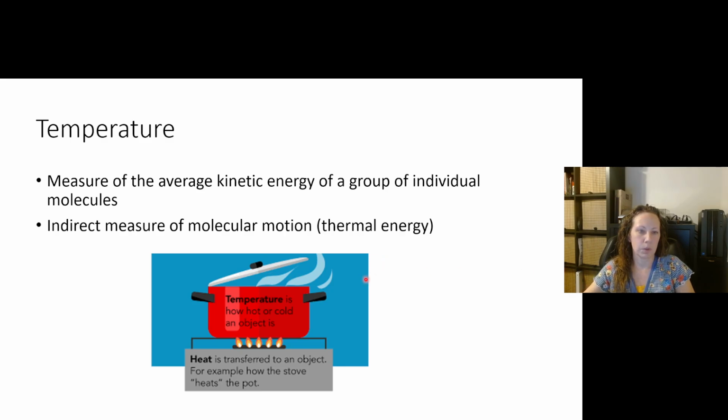So the difference between temperature and heat: heat is the energy transferred to an object, for example, how the stove heats the pot. But temperature is just how hot or cold that object is. Temperature only measures that molecular motion in the space that it is in, and so it's not the same as heat, which is an energy.